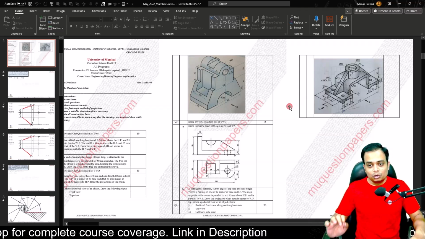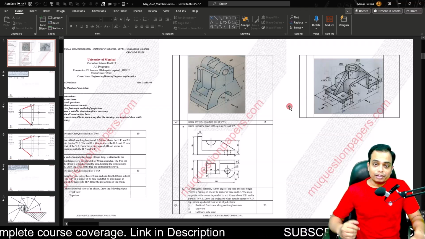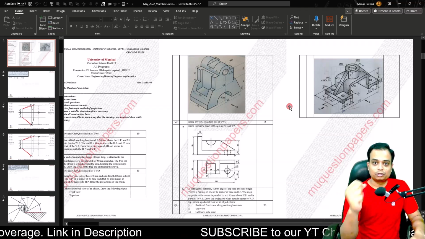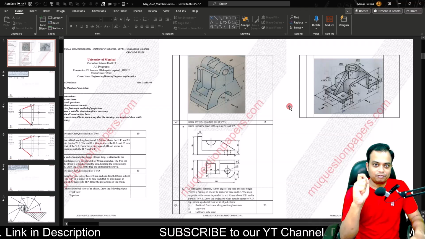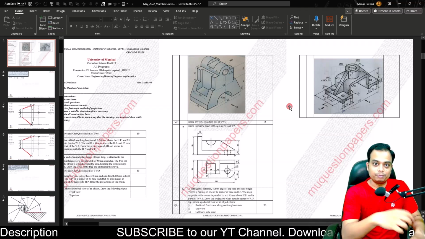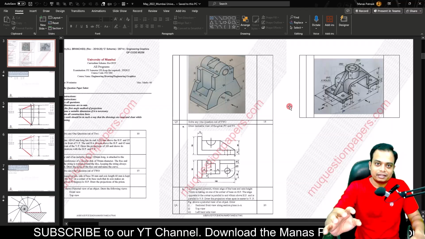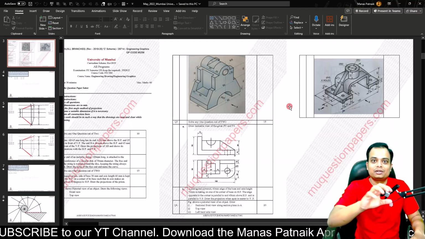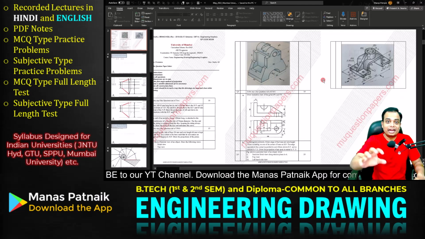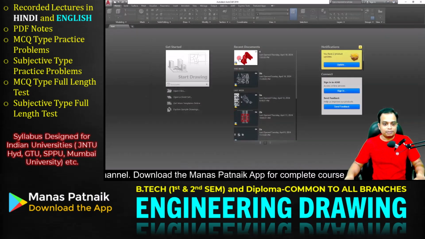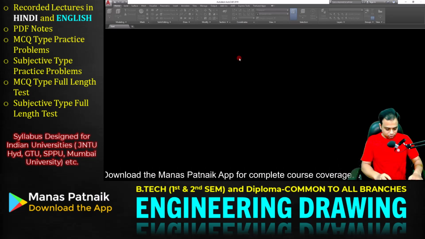Anyway, do remember, whenever you encounter such problems of orthographic projection or sectional orthographic, the most difficult phase is the starting phase. When you begin, once you go beyond that, things start getting easier for you. The guidelines are going to help you, and I'll show you how those guidelines can be made. Okay, let me take you to AutoCAD and let me just show you the 3D representation of the object.